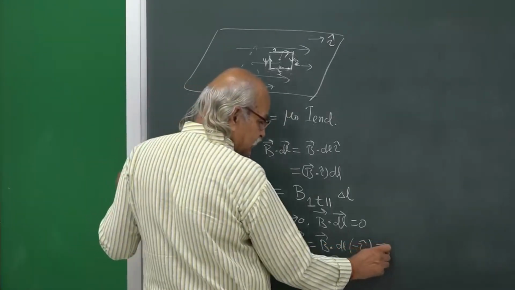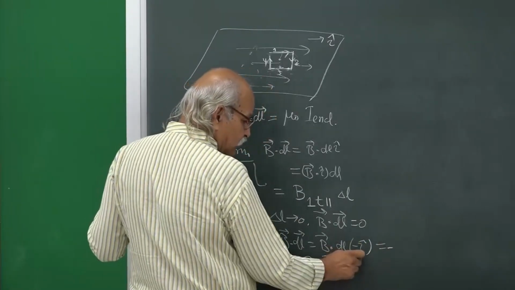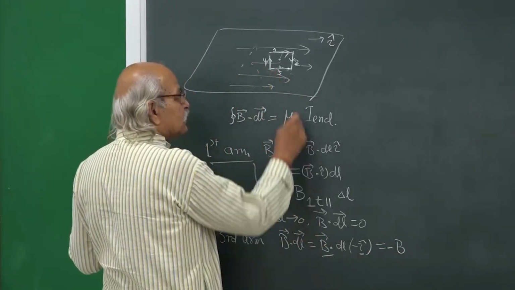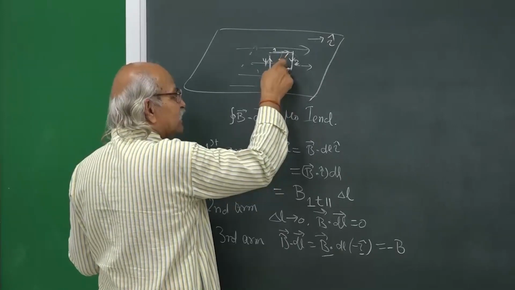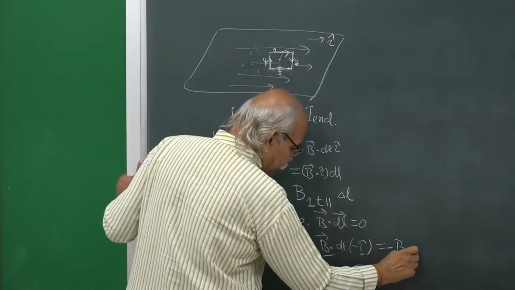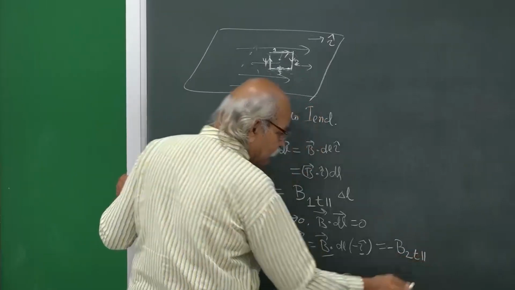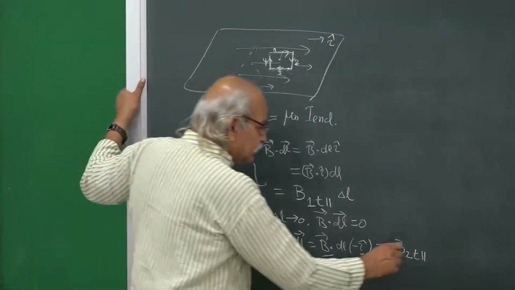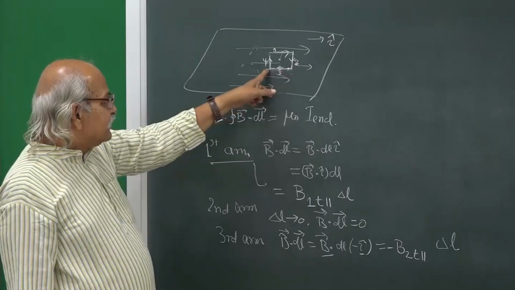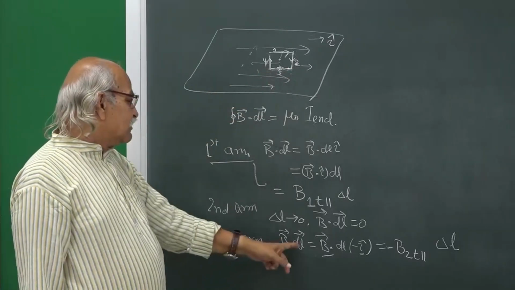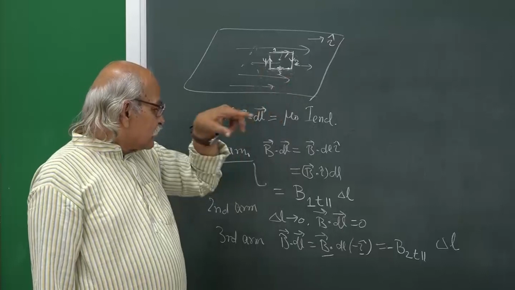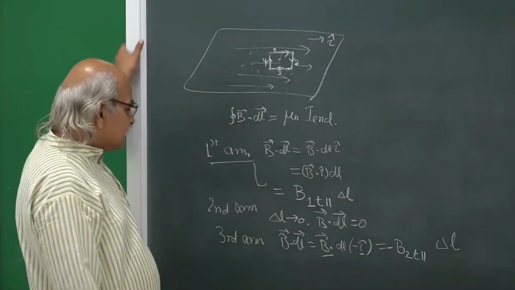That means it is minus B dot i cap, the component of B2, since I am now here below, B3 you can write, but nevertheless B2, and then minus B2 tangential component, parallel, into delta L. Since dl is in the negative x direction, B dot dl will be the component of magnetic field in that tangential direction with a negative sign, times dl.